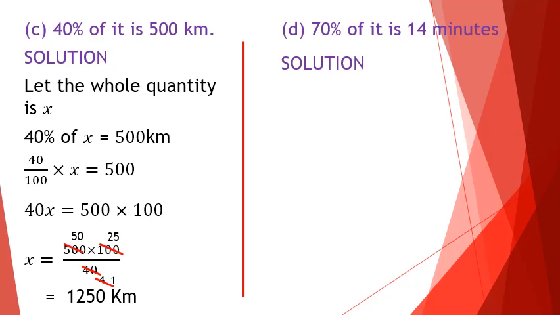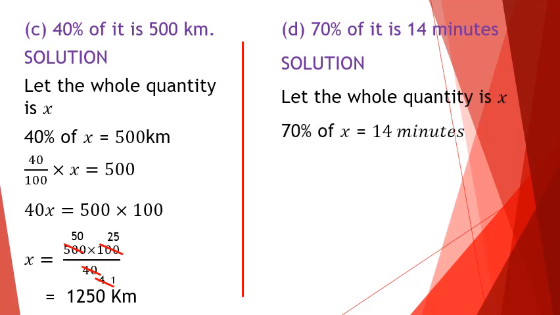Next question, 70% of it is 14 minutes. Let the whole quantity be x. Now we can rewrite our question. So it will become 70% of x equals 14 minutes. Now we can convert it into mathematical form. So it will become 70 upon 100 into x equals 14.